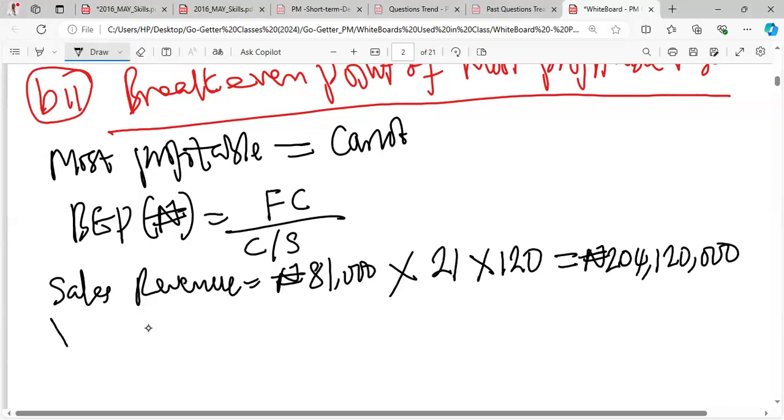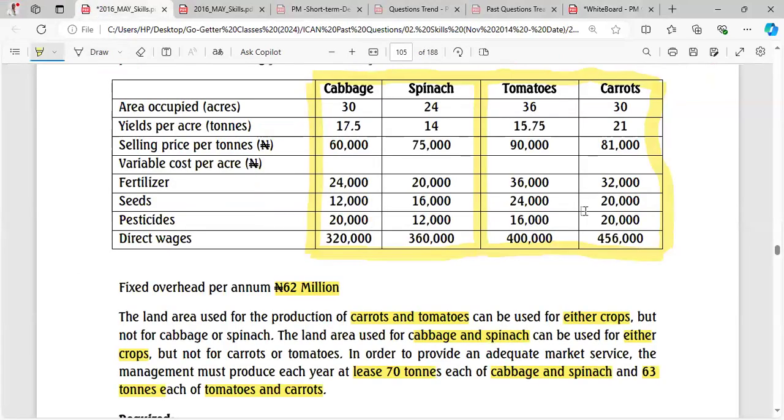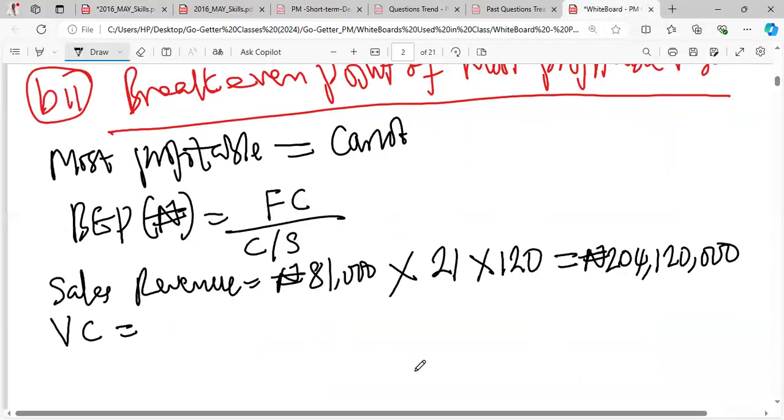Then your variable costs. What is going to be your variable cost? Variable cost here is in per acre. So I'm going to add all of these: 32, 20, 20, 4, 5, 6, right?